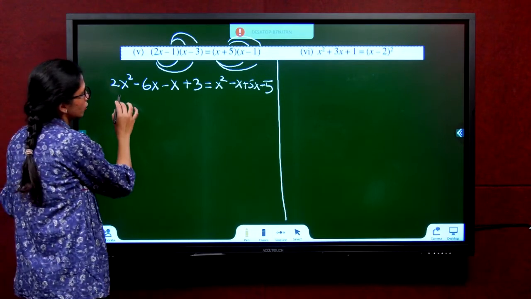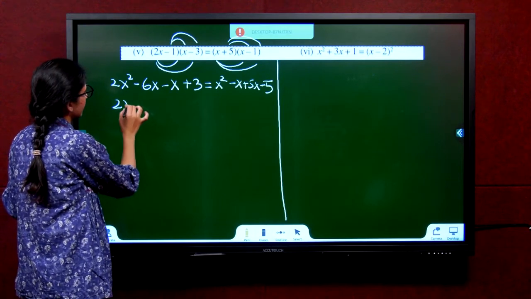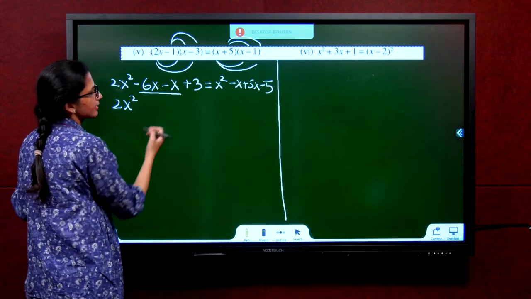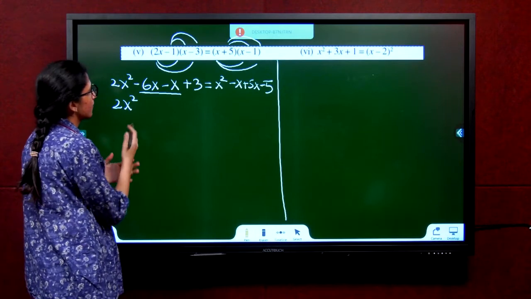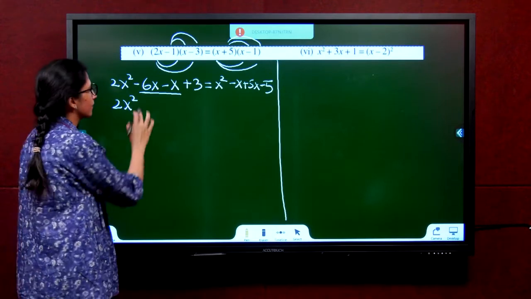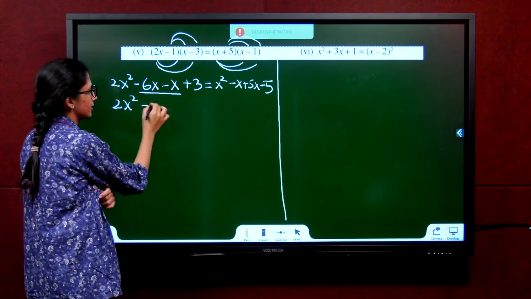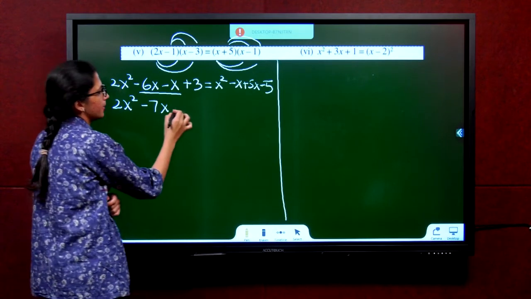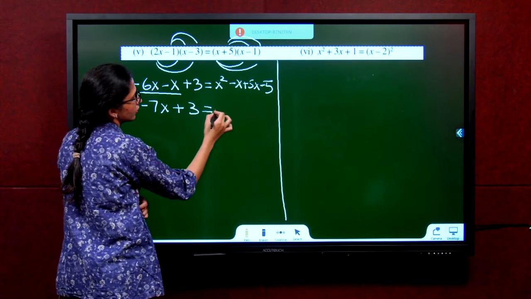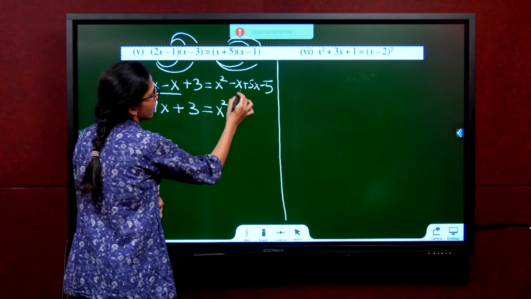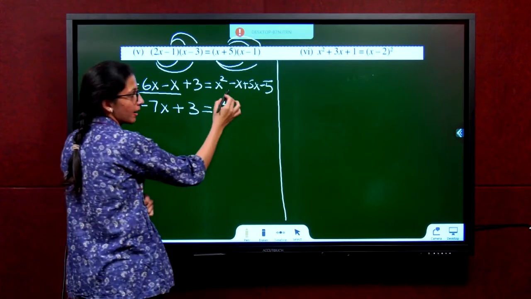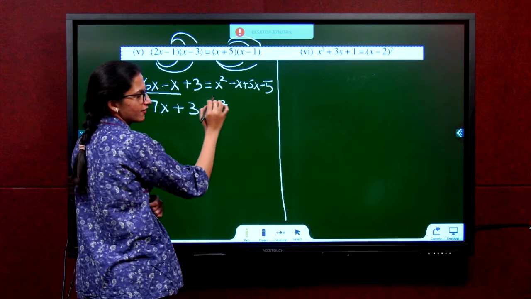Now, 2x square remains as it is. Minus 6x minus x. Minus 6 minus 1, minus 7x plus 3 is equal to x square minus 1 plus 5x.